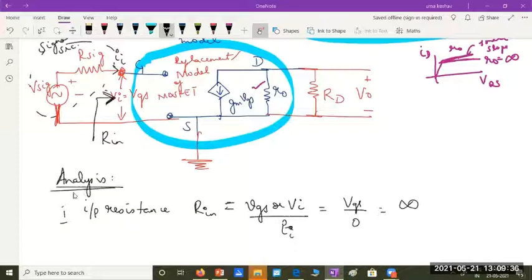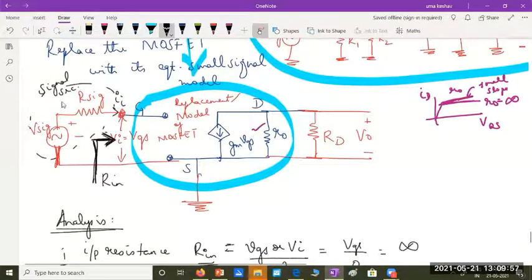Yeah. So when we start off with the analysis, the first step is to find the input resistance Rin. If we are trying to find the input resistance Rin, remember, you should always mark it on this circuit. Rin is the resistance as seen by the signal source. The signal source includes the voltage Vsig and the resistance Rsig.